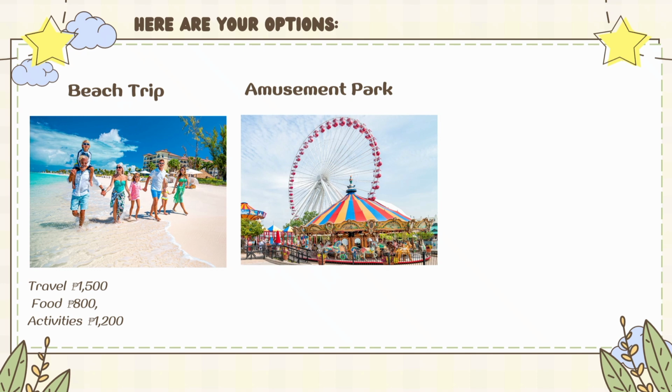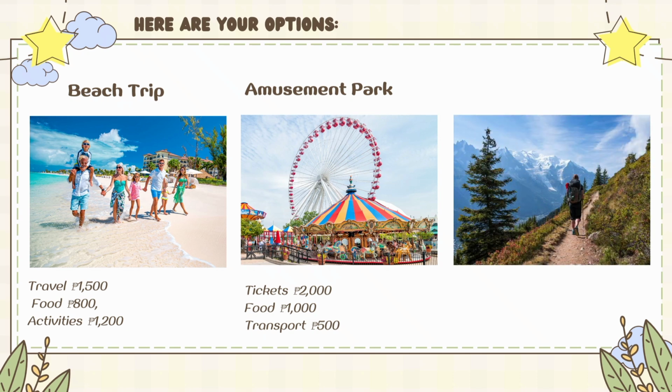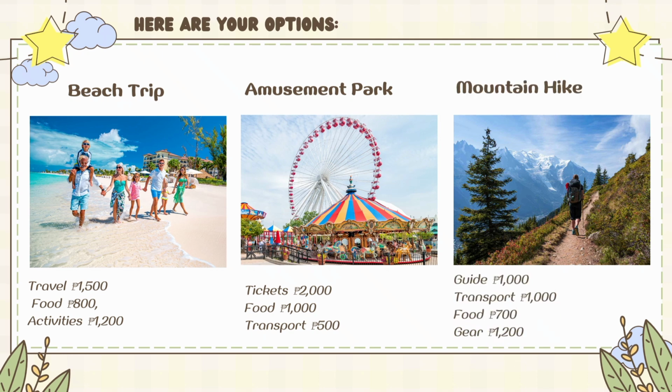Or maybe a theme park. You will pay 2,000 peso for tickets, 1,000 for food, and 500 peso for transport. Or a mountain hike can also be an exciting option. You will pay 1,000 peso for guide, 1,000 peso for transport, 700 for food, and 1,200 for the gear.